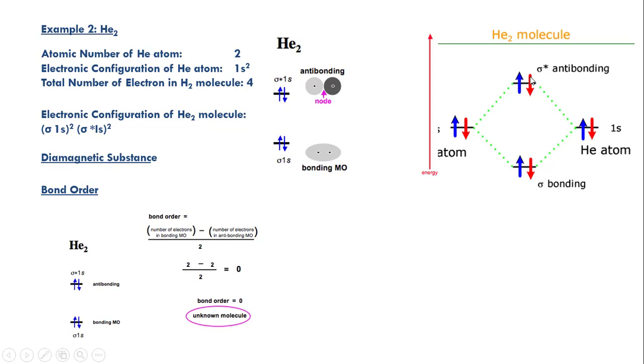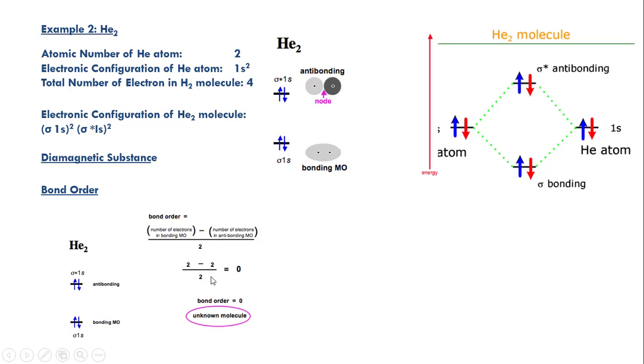And what is the electronic configuration? The sigma bonding molecular orbital has 2 electrons, and the sigma star anti-bonding molecular orbital also has 2 electrons. So it is diamagnetic, since there are no unpaired electrons in either the bonding or anti-bonding molecular orbitals.